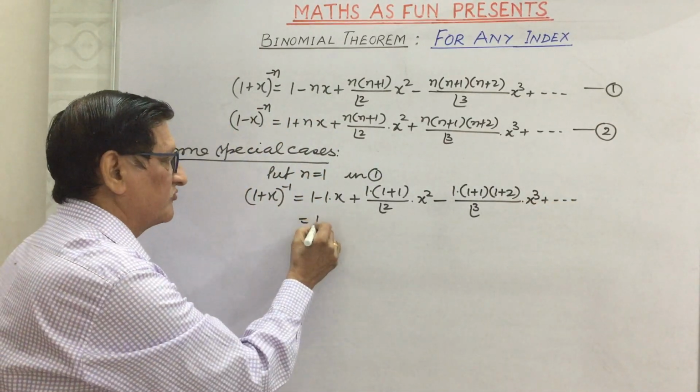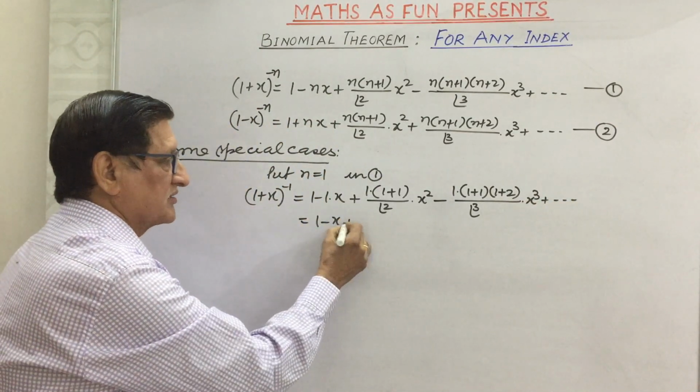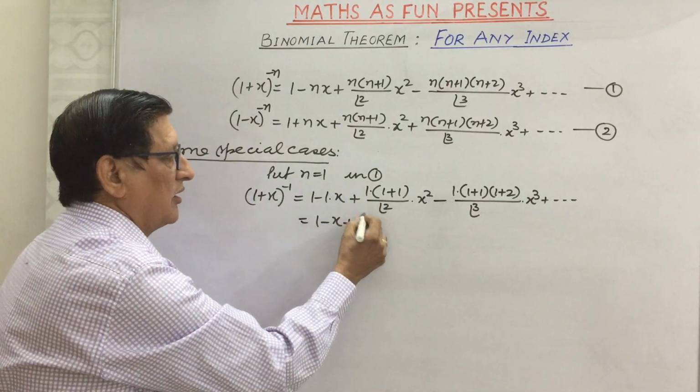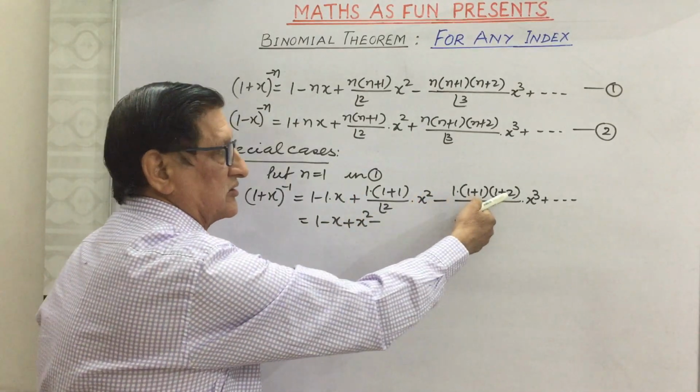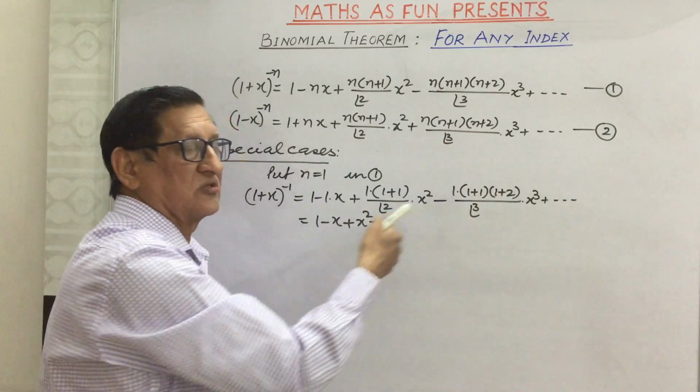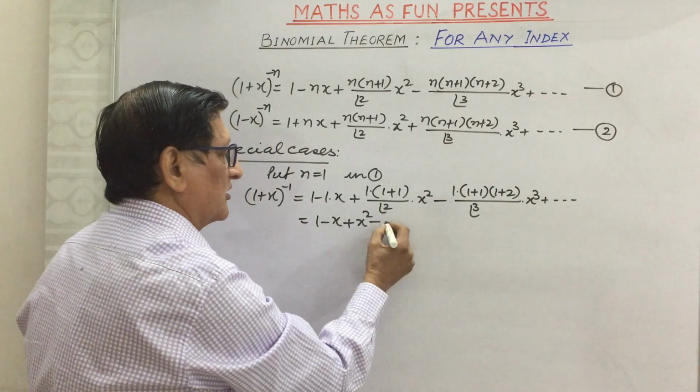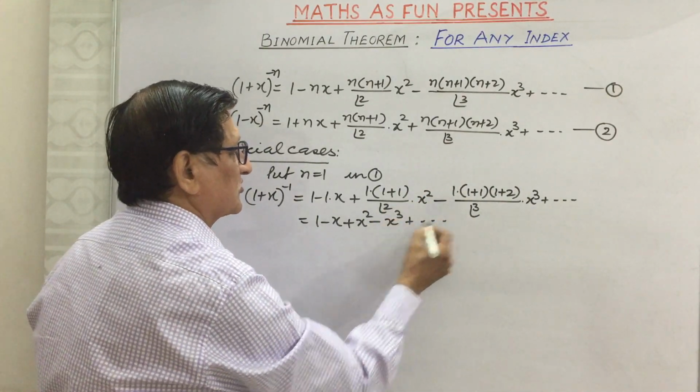And we find here it is 1 minus x plus 2 and 2 will cancel, x square minus 2 3s are 6 and this is factorial 3, 6, they cancel, it is x cube plus so on.